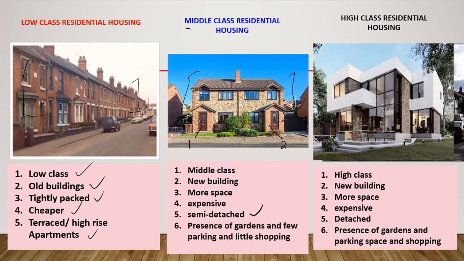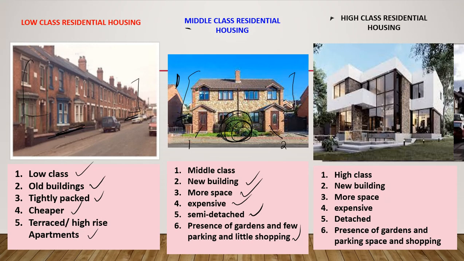Then you can have the next building here. That's a middle class residential. Now, it has newer buildings. There is more space, not like this. It is quite expensive. You can see the presence of a garden here, a few parking spaces and little shopping. But here there is no space to park at all. There is no garden. You can see it.